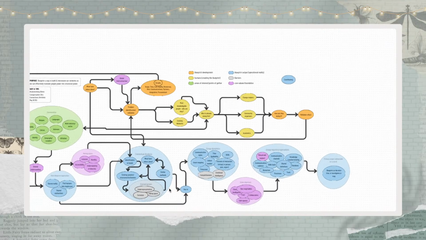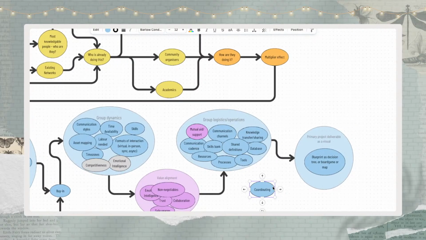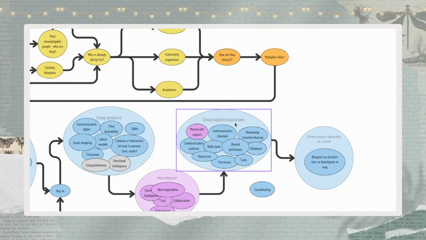Okay, we still have this floating coordinated blue bubble, which I feel is part of group logistics operations. Whatever project comes out of this mutual effort needs to be coordinated somehow. So for me, it fits within this bubble, but what do you think?